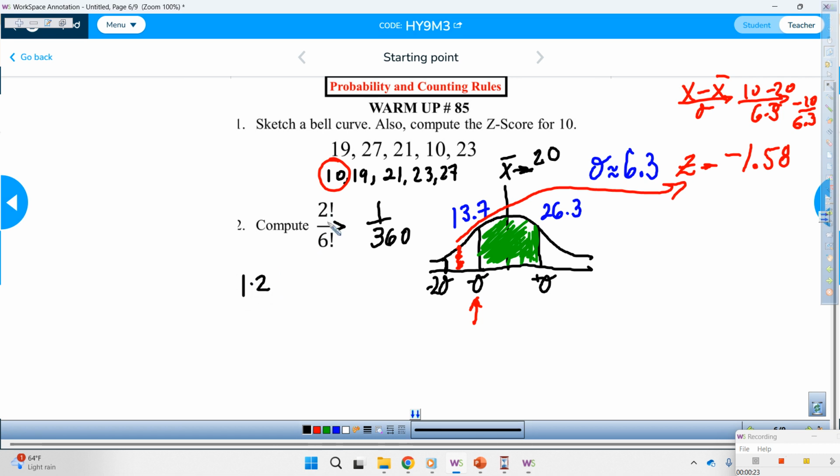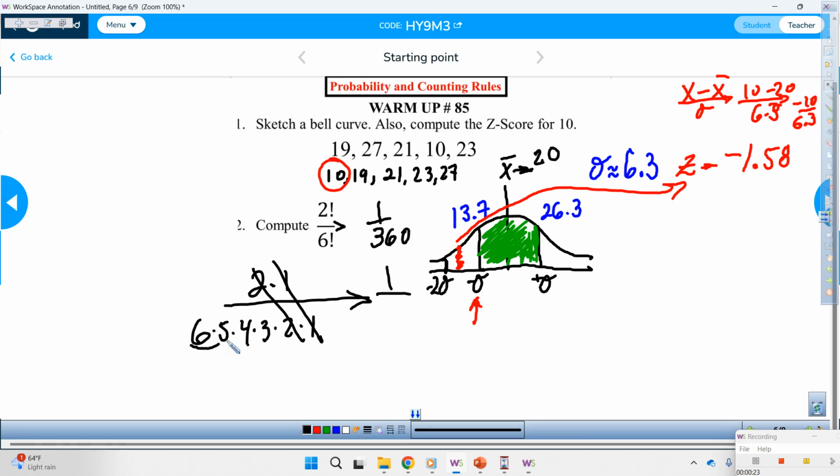The numerator is 2 factorial, which is 2 times 1. The denominator is 6 times 5 times 4 times 3 times 2 times 1. The 2 times 1 cancels, so I end up with just a 1 on the numerator.